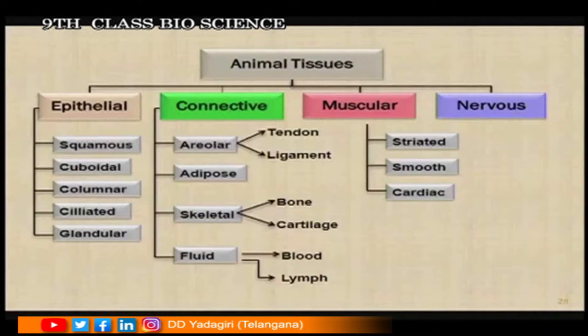Areolar tissue is further divided into tendons and ligaments. In skeletal tissue we have bone and cartilage. In fluid connective tissue we have blood and lymph. In muscular tissue we have striated muscles, smooth muscles and cardiac muscles. About the blood and muscles, and nervous tissue, we are going to discuss in the next class.